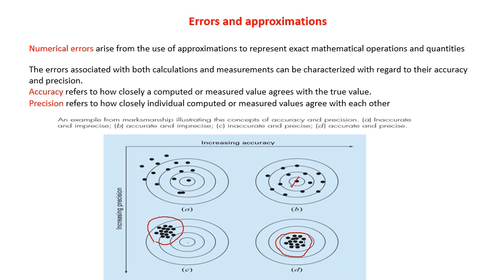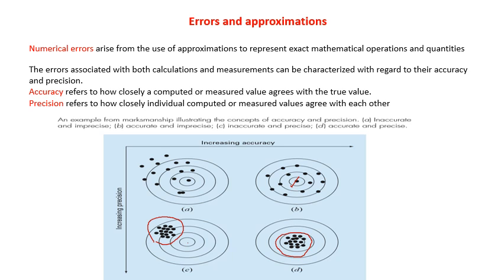Remember what exactly accuracy is. Accuracy refers to how closely the computed or measured value agrees with the true value. Precision refers to how closely individually computed or measured values agree with each other. Numerical errors are errors that arise from the use of approximations to represent exact mathematical operations and quantities.